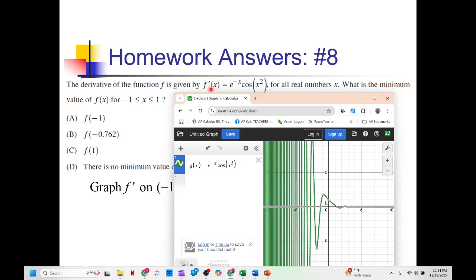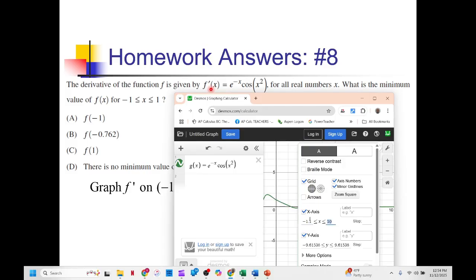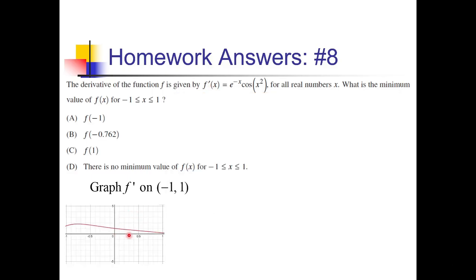And that is a mess. Fortunately, we were only looking at -1 to 1. So let's go to our settings, and for the x-axis, I'll make this like -1.1 to +1.1. That'll give me a good picture of what's happening. And here's the graph of all this. So let me just copy and paste that here.